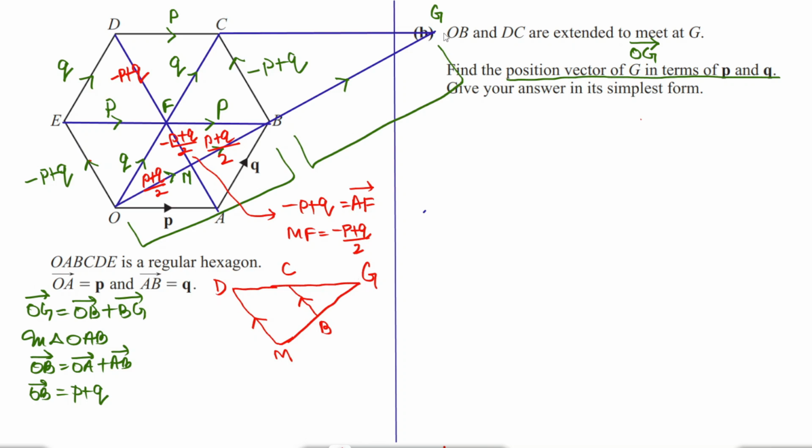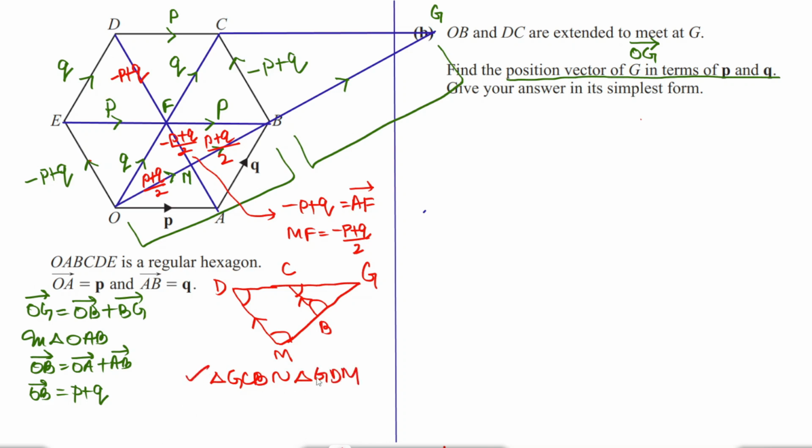In GDM and GCB, BC is parallel to DM or MD. When you see these kinds of triangles, I always tell my students, if you have parallel lines, this angle is equal to this angle as corresponding angles. So we can say that both triangles are similar. We can say that triangle GCB is similar to triangle GDM.